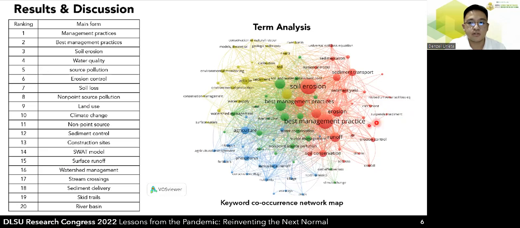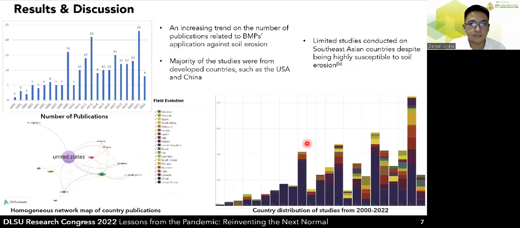Within this particular region as well, other terms are related to these methods either as input factors or outputs, such as sediment yield, sediment transport, rainfall, soil loss, and the like. And in terms of the number of publications throughout the years, it can be observed that there is an increasing trend since the start of the millennium.